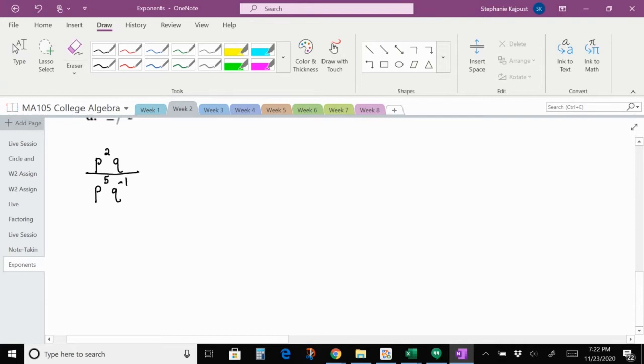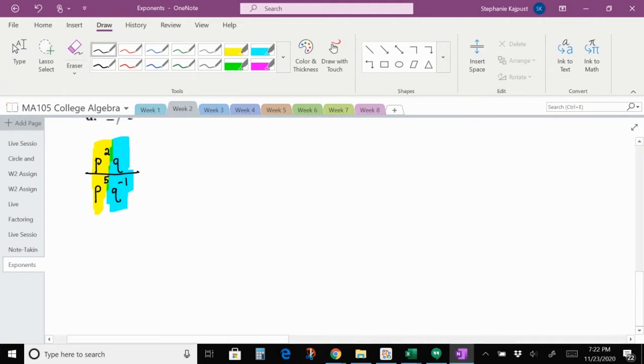So here we have a fraction and we have variables on the top and the bottom. And when we simplify things that are in a fraction, you subtract the exponents, top minus bottom, and you want to match your variables together. So we'd be simplifying the p's, and then we'd be simplifying the q's. If the variable doesn't have an exponent on it, you can make it have an exponent of 1.